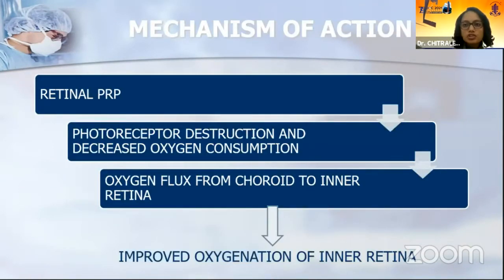So what is the mechanism of the laser scar? Retinal PRP causing laser scar causes photoreceptor destruction and decreased oxygen consumption by the reduced number of photoreceptors. Hence, the oxygen flux from the choroid to the inner retina increases, causing improved oxygenation of the inner retina.